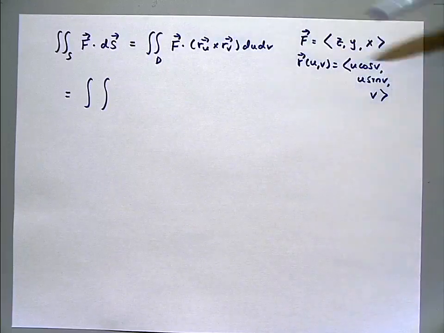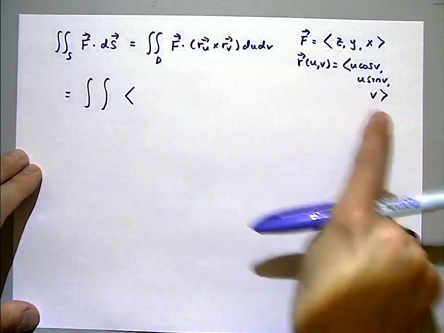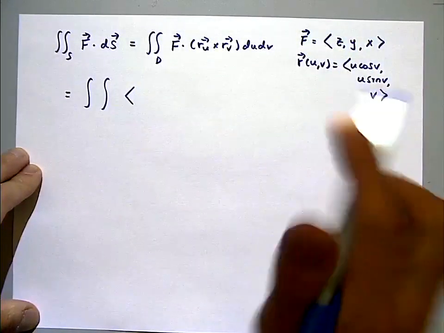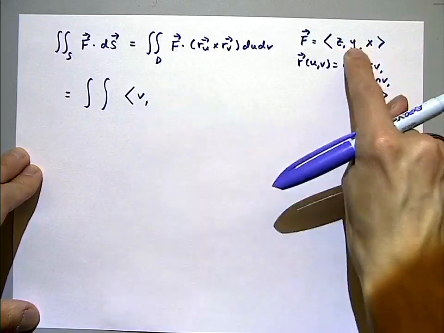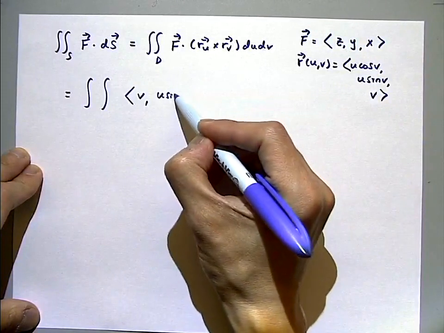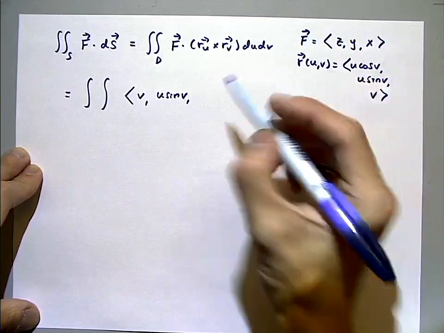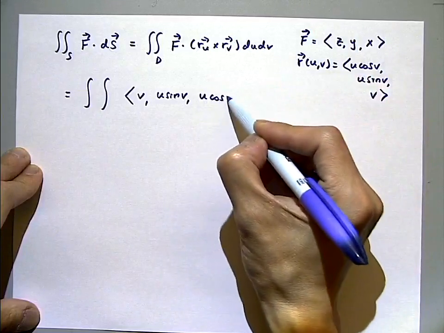Okay, so F. First, z is v, right? Z is v on the surface. Y is u sine v on that surface. And then x is u cosine v on that surface.